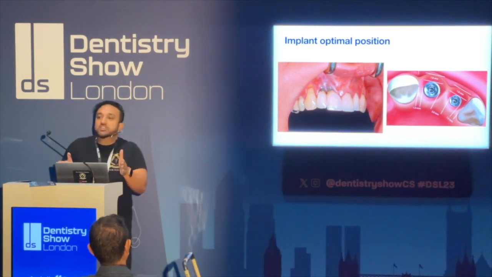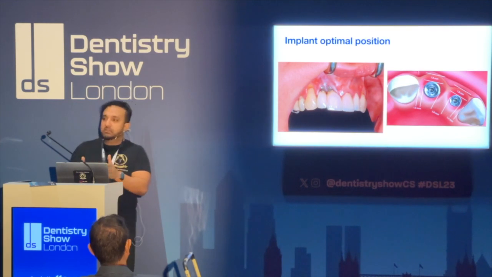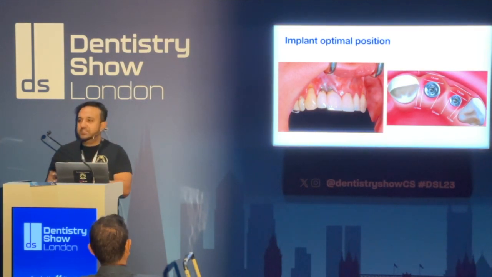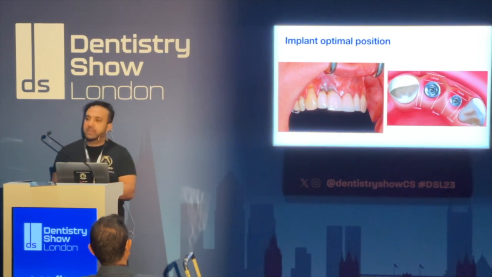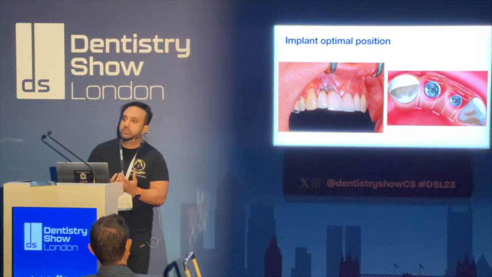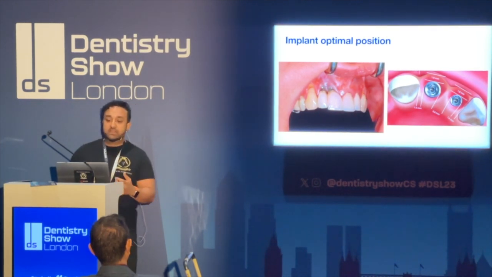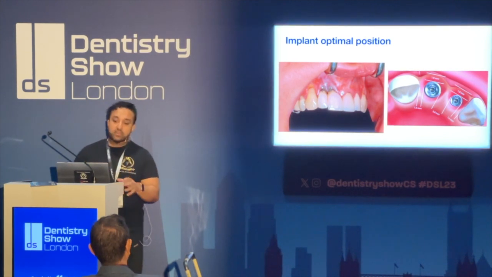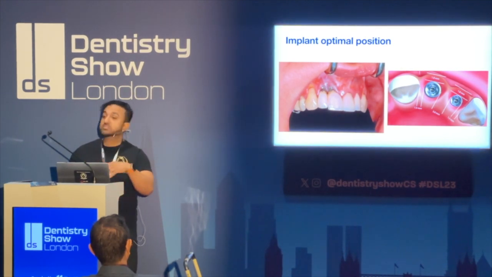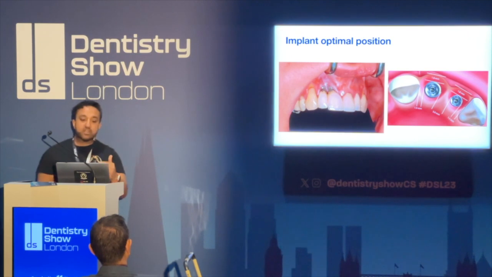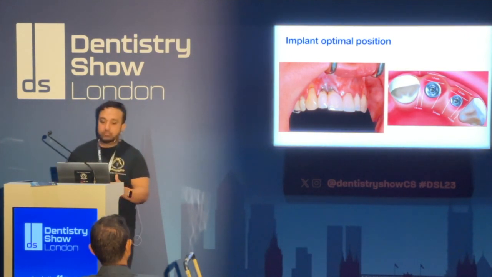If you put the implants closer than 3 millimeters, the evidence leads to the fact that there's not enough blood supply coming in to supply that bone, and you get something called necrosis of the bone, and it dies, okay? But what we see here is very evident: the gum has receded, and the implants are a little bit too close together, right?